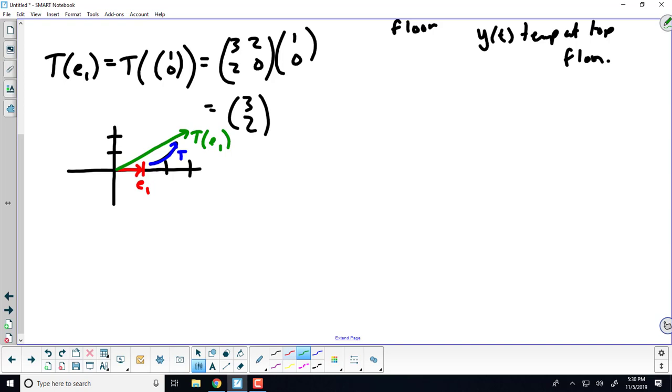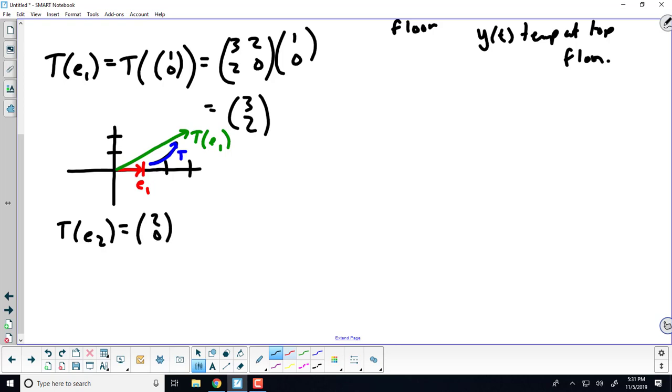Normally I can't overlay the two on top of each other, but I can do that when I'm doing R2 to R2, or R3 to R3, if I could draw that. All right, so let's see what happens to the second basis vector, just for fun. We already know what T of E2 is going to be without doing any work. It's going to be that second column.